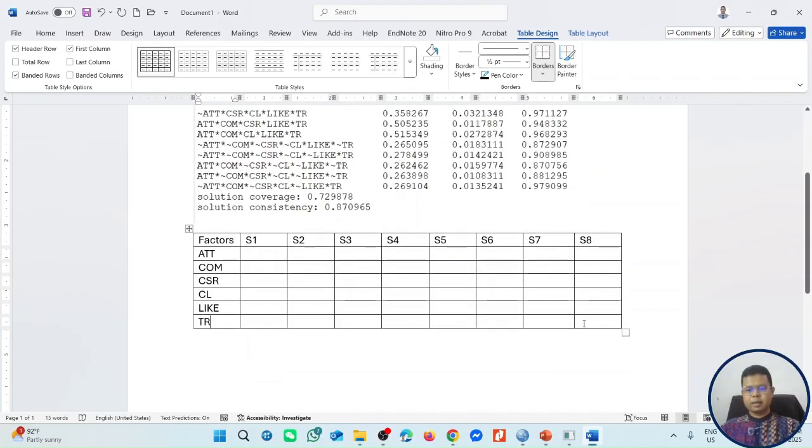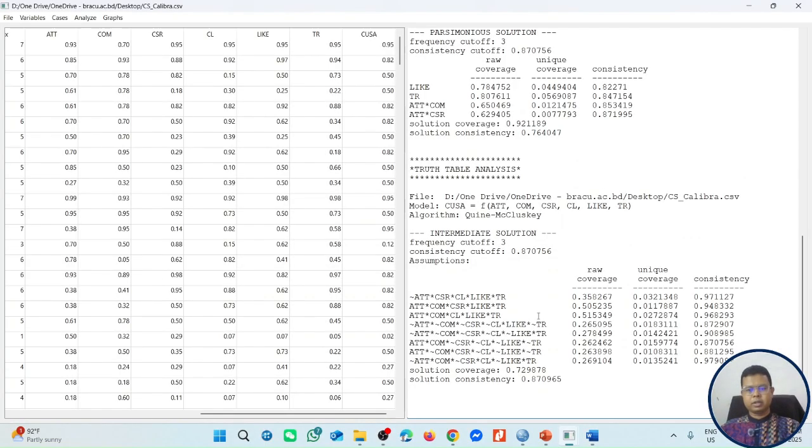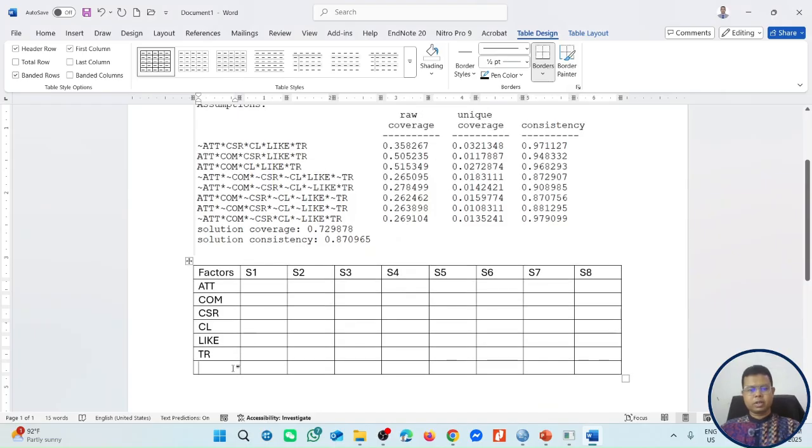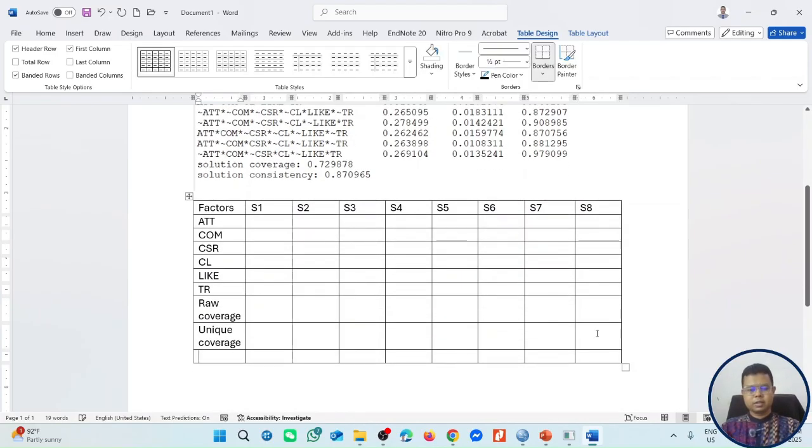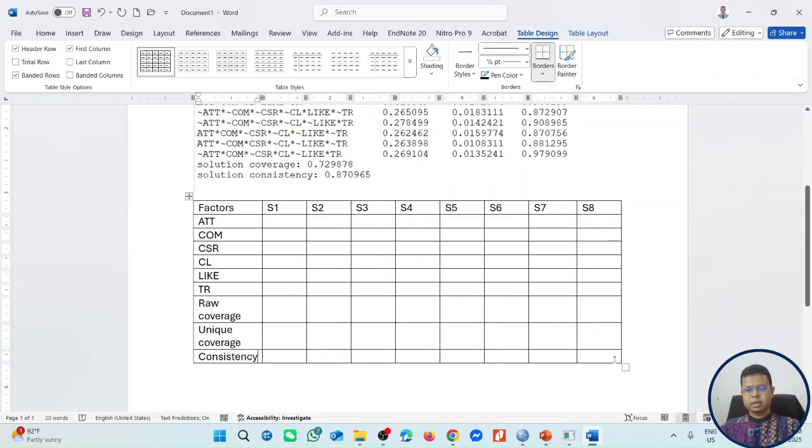Okay. And here I need the raw coverage, then unique coverage, and finally consistency, and the overall consistency and overall solution.